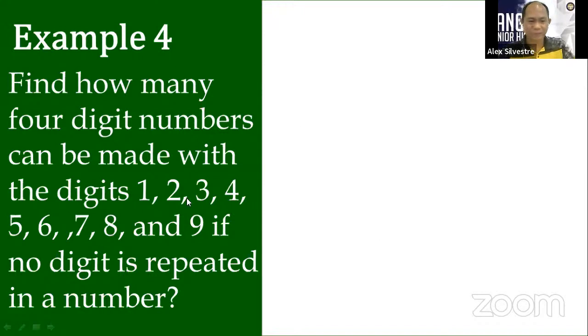Okay? Now, we have to indicate now here, our N represent for, okay, so from 1 to 9, ibig sabihin 9 din yan, no? We represent for our N. So, N is equal to 9. Then, our R will be, so, you're asked there to find how many 4-digit numbers can be made. Ibig sabihin, our R will be represent for 4.